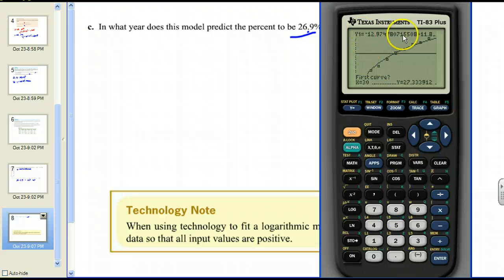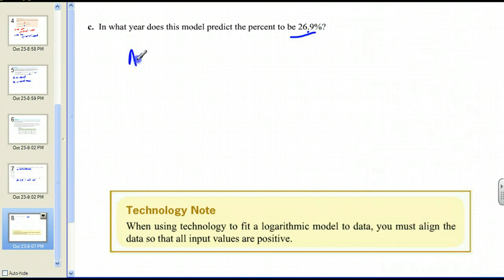First curve, that's what we want. Second curve is the 26.9, and the guess, it looks like it happens about right there. It gives 28.92. Remember, what year would be 28.92 years after 2000? About 2029, rounding to the nearest year.